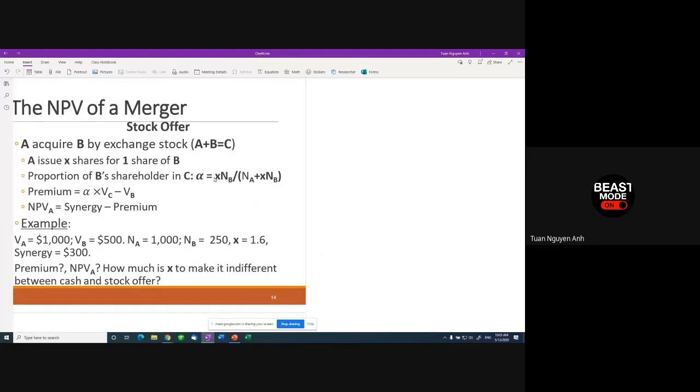Let me do this all over again. We have to find out the number of new shares. So we have the new issue of 1.6 multiplied by this amount, 400. Alpha is equal to 400 over 1,000 plus the new shares. And for the premium, we have to calculate the value of company C first. The value of company C is equal to value A plus value B plus synergy.